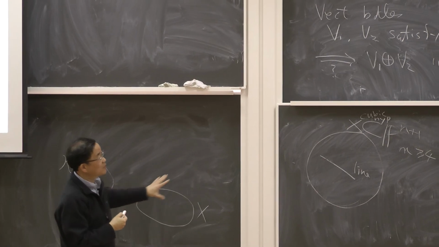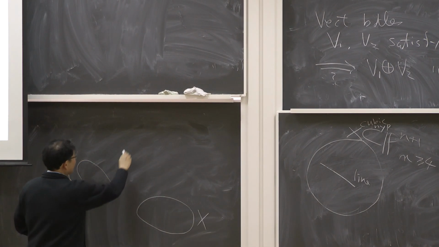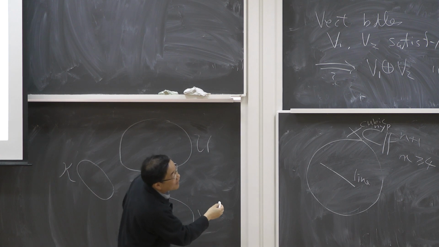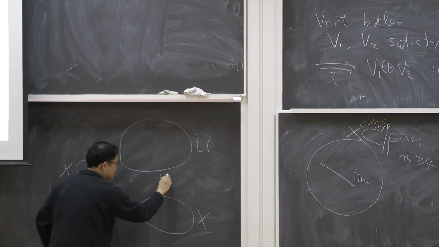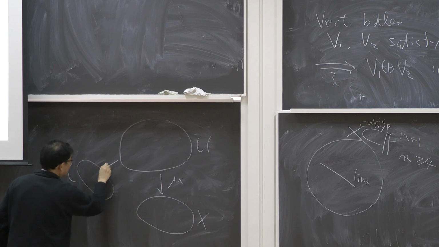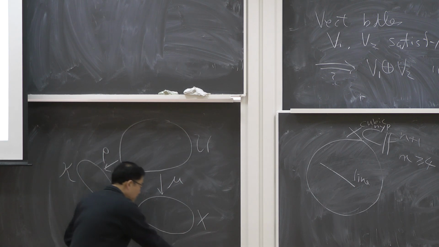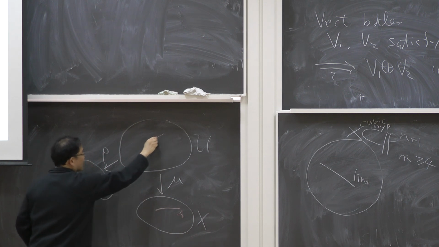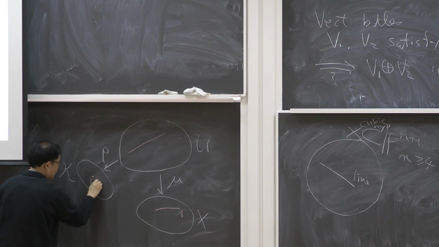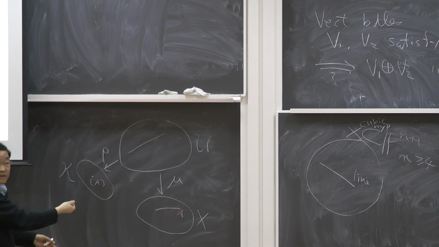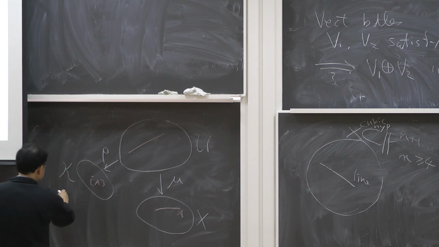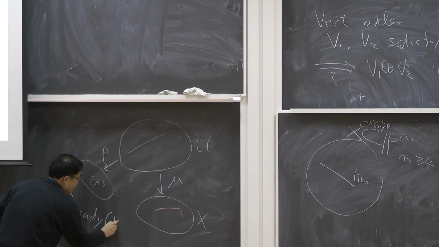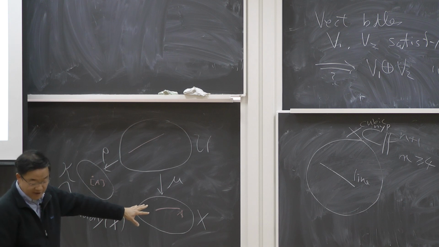And then we have the universal family, and there's a morphism U, such that our given A is a fiber here. So this is inside the deformation space. So you have this kind of universal family.